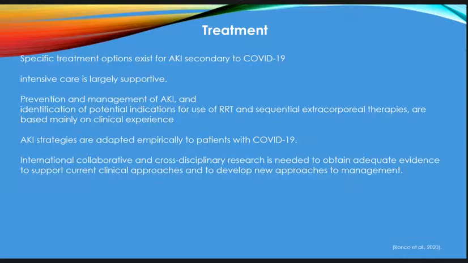The AKI strategies are adapted empirically for these patients, and there needs to be more research in this area because those criteria are quite old, but it's all we have right now, the AKI criteria from the National Kidney Foundation. That's our gold standard of 2012, and that's what we really use.